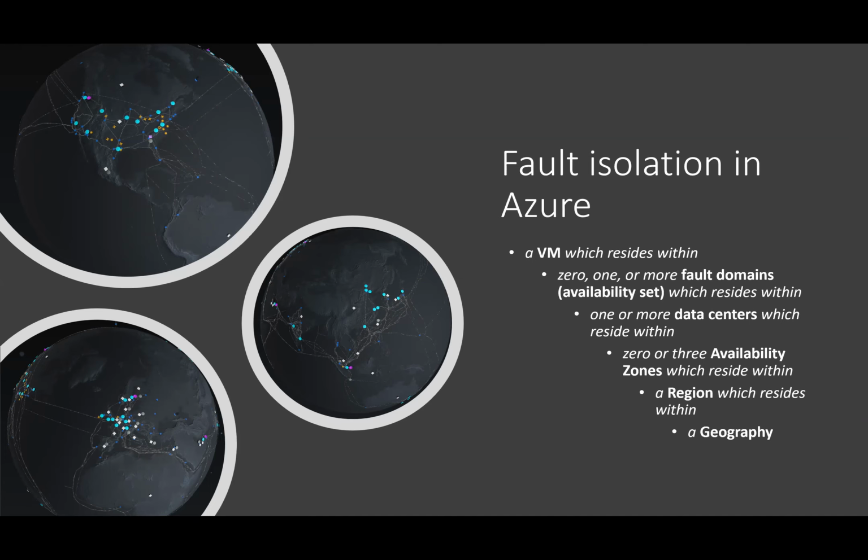To put it one way, for fault isolation, a virtual machine resides within 0, 1 or more fault domains, also known as availability sets.